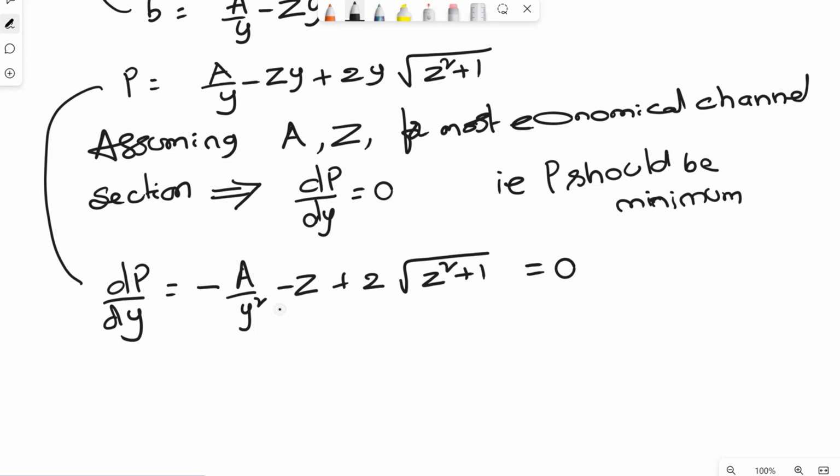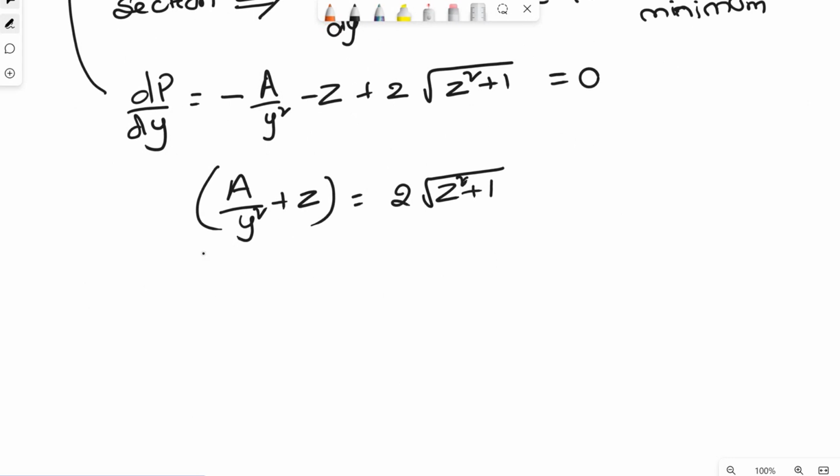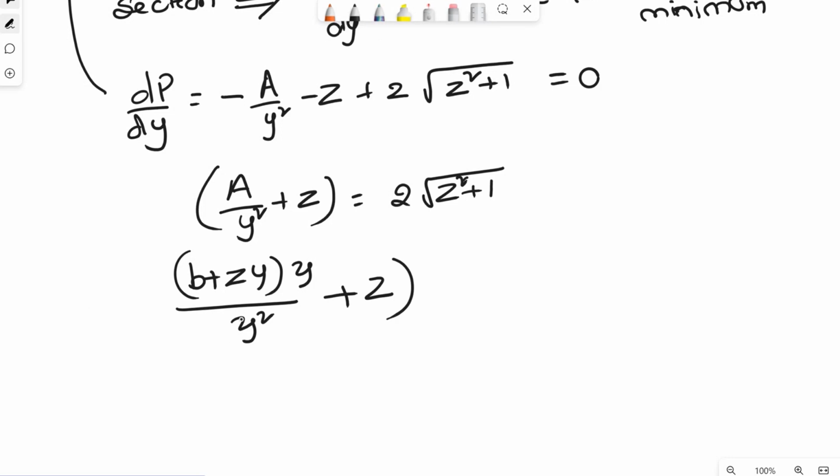So now a by y square plus z is equal to, naturally this will go on the other side because the minus is there. Already we know what a is: a is equal to b plus zy into y. Divided by y square plus z is equal to 2 into square root of z square plus 1.